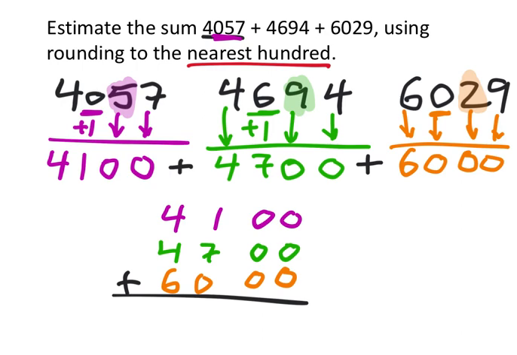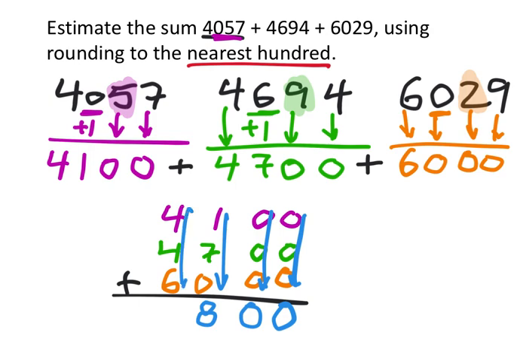So starting in the ones place value, I got 0 plus 0 plus 0, which is 0. That's an easy one. And then in the tens place value, 0 plus 0 plus 0 is still 0. And then in the hundreds place value, 1 plus 7 is 8, plus that other 0, still 8.